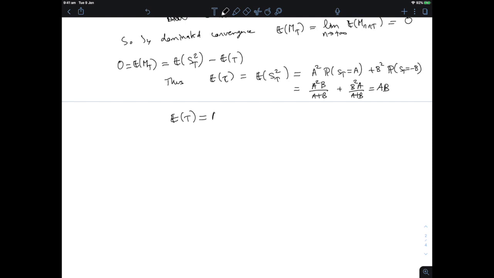And that's our next neat formula. We've computed the expected value of the exit time.